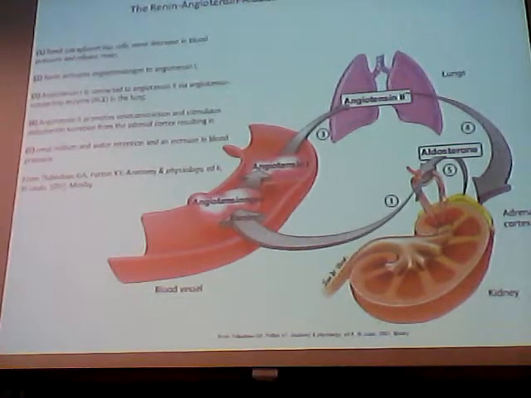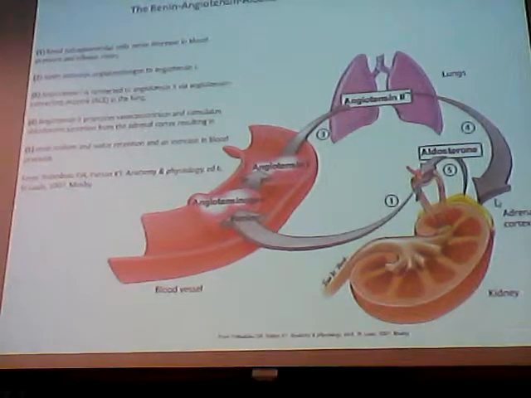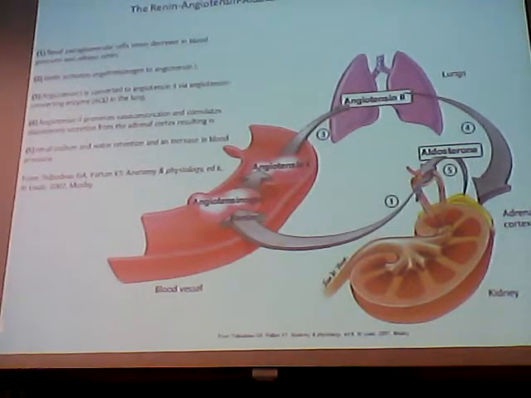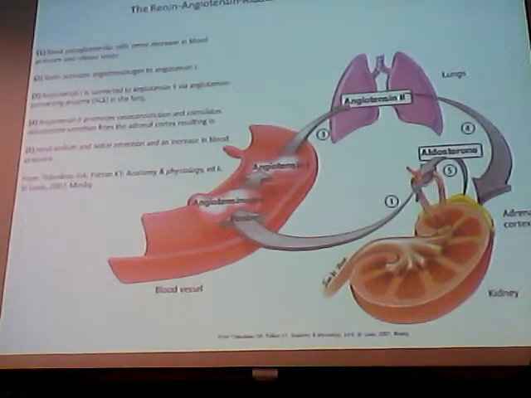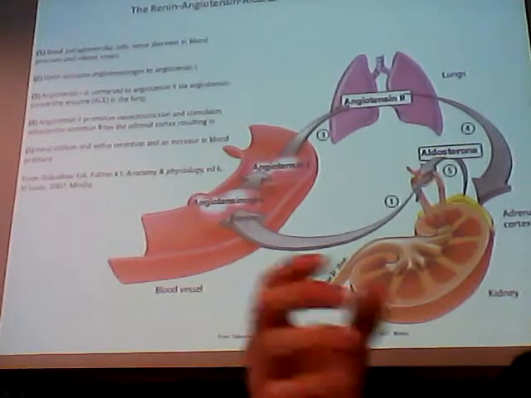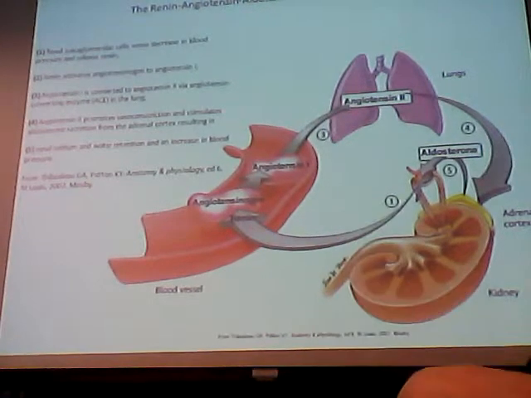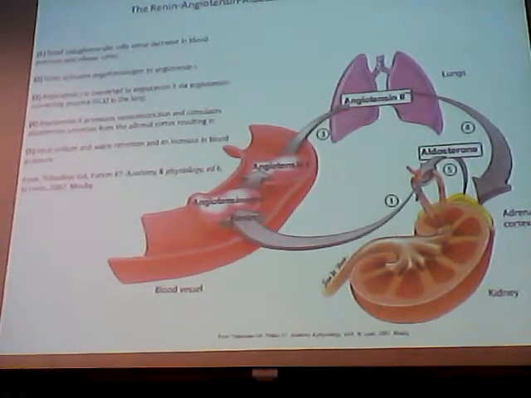Ang2 can then act on the adrenal cortex. The adrenal gland is sitting over the kidney. So you stimulate the cortex, the outer portion of the adrenal gland, and that will secrete aldosterone. Remember, aldosterone is to hold on to sodium in the system.